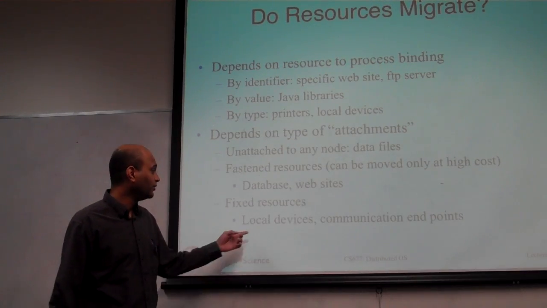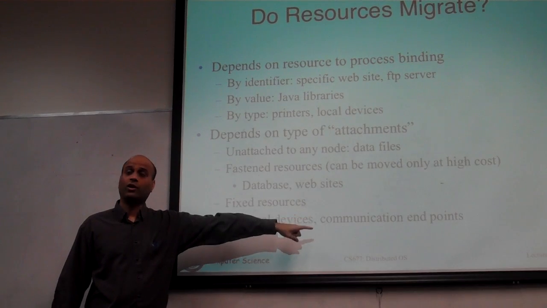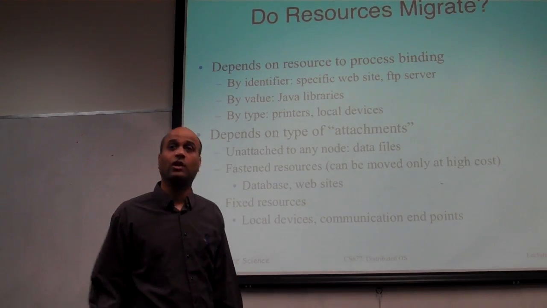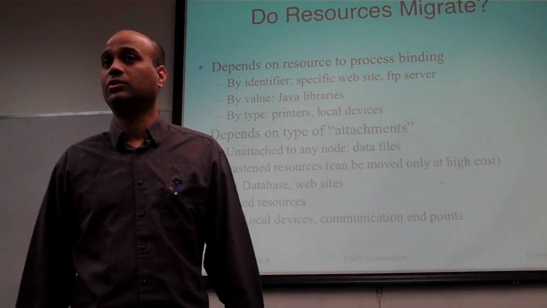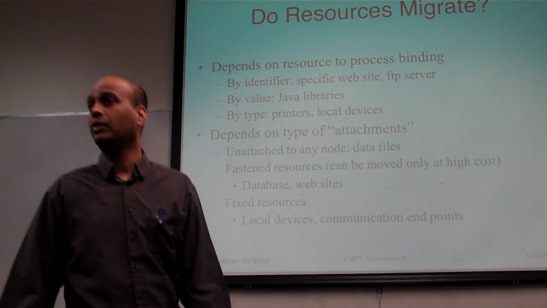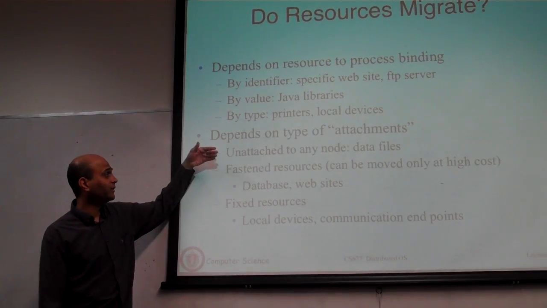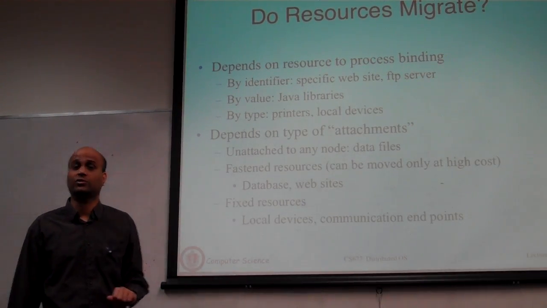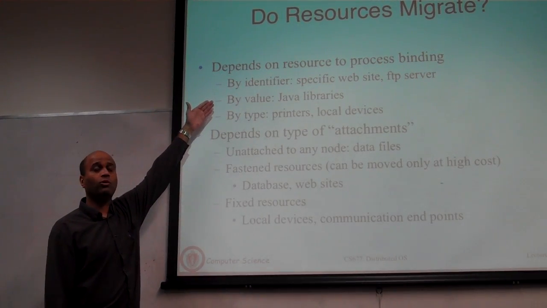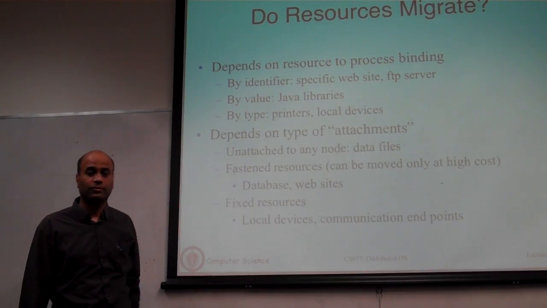So typically these kinds of resources don't move. Socket endpoints are another example. They are tied to the IP address of that machine. You can't just move that socket endpoint because it doesn't work. The other machine has a different IP address. Okay? So you can have unattached resources, fastened resources, fixed resources. And you may have resources that are attached or bound by identifier, value, or type.